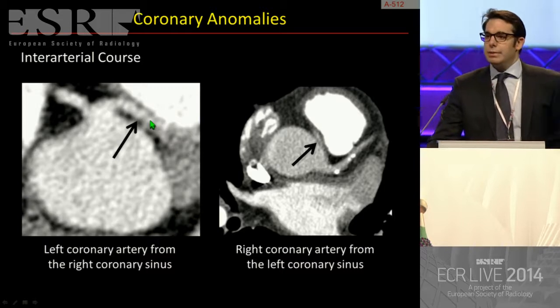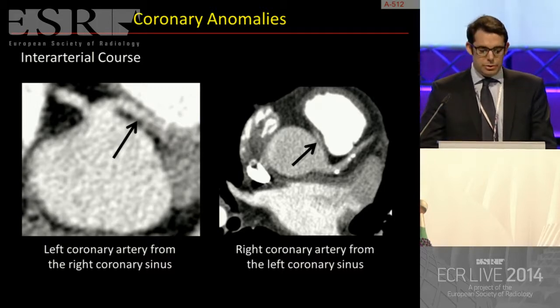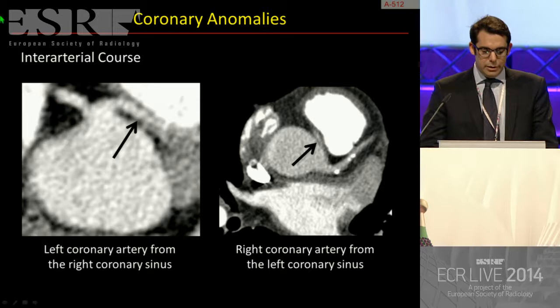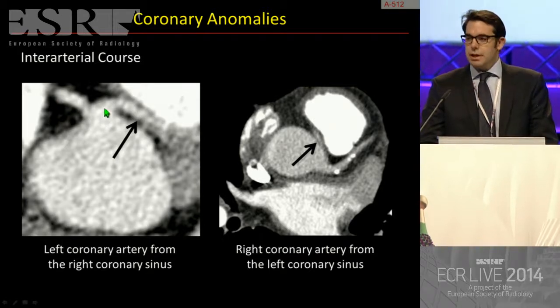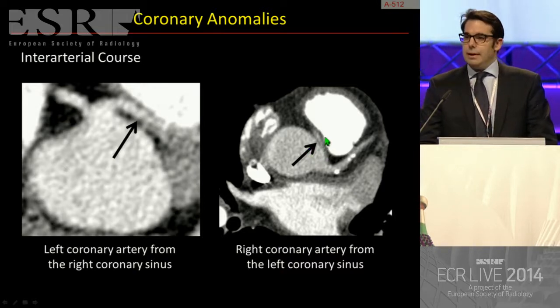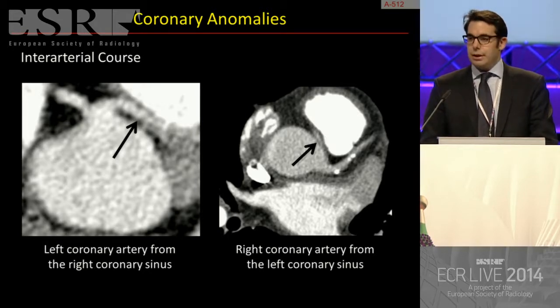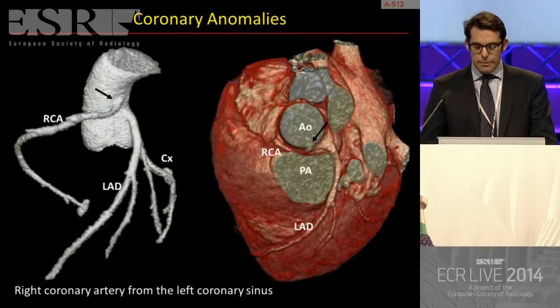And here you can see two different options. You can find the left coronary artery arising from the right sinus of Valsalva, or you can find the right coronary artery arising from the left sinus of Valsalva. And this is important to recognize. These are anomalies that course interarterially, as said, between the pulmonary artery outflow valve and the aorta.